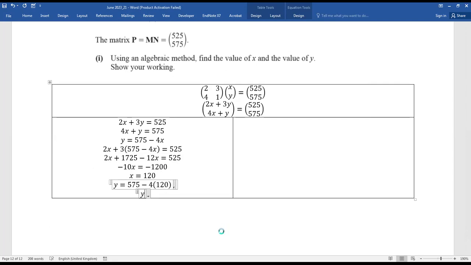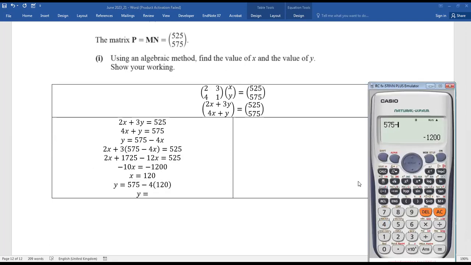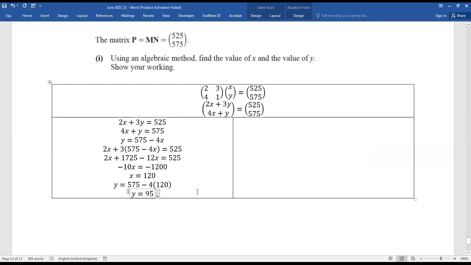So the value of y is 575 minus 4 times 120, which is 95. So these are the values of x and y. We've used the substitution method. I hope this is clear. We've also used elimination.